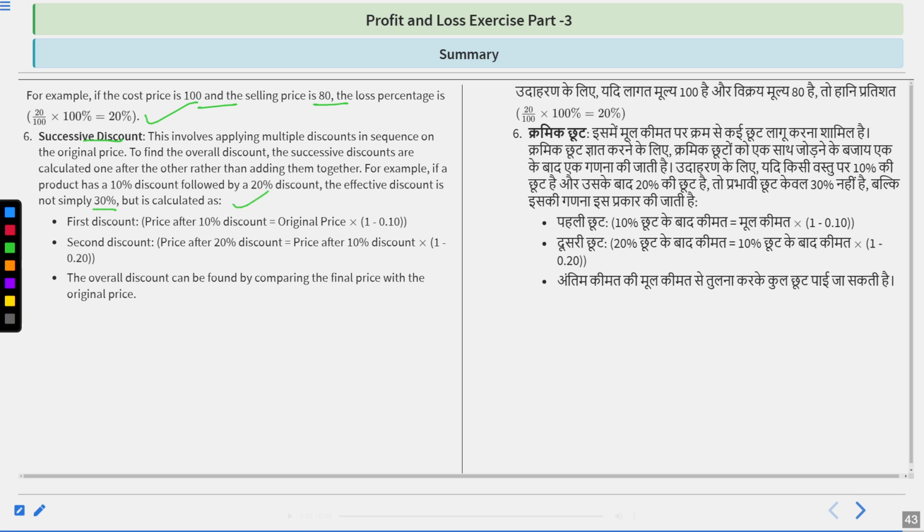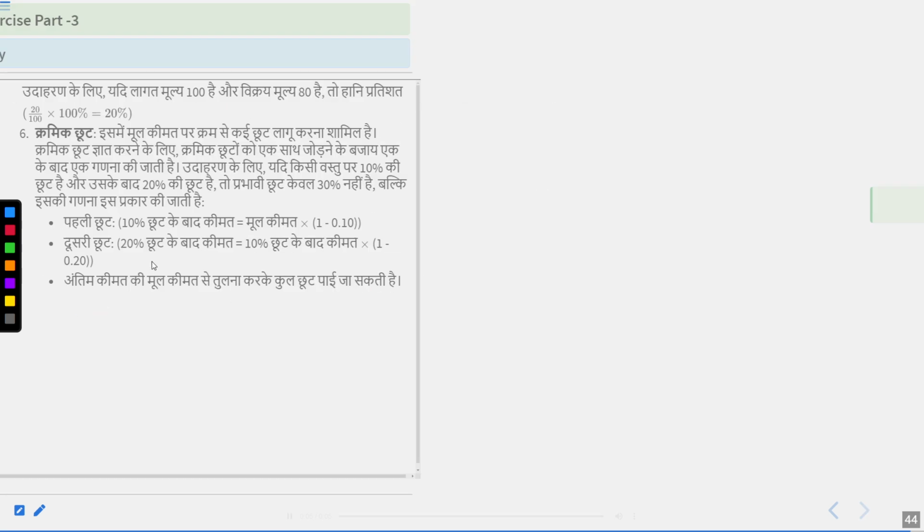It is calculated as follows: the price after the first 10% discount is the original price multiplied by 1 minus 0.10. Now, when we calculate the second discount, it is the price after the 10% discount multiplied by 1 minus 0.20. The overall discount can be found by comparing the final price with the original price. Clear? Thank you.